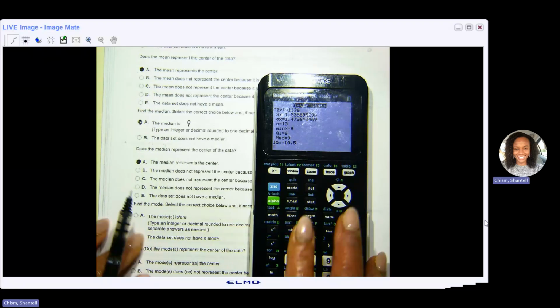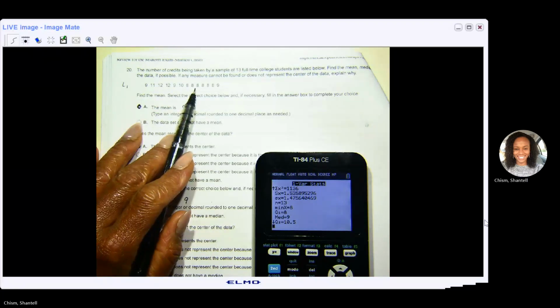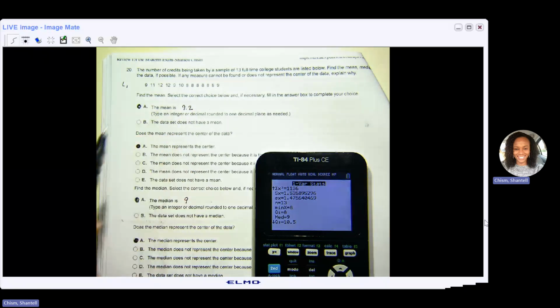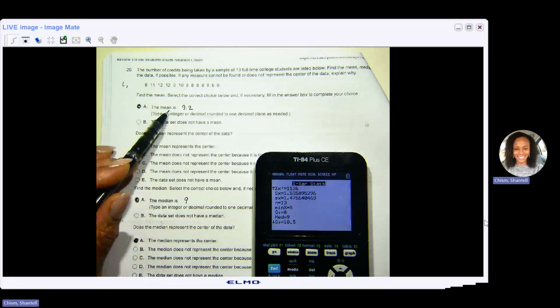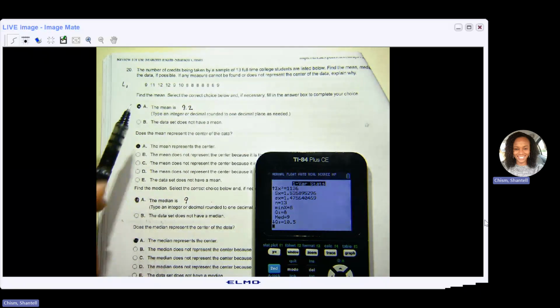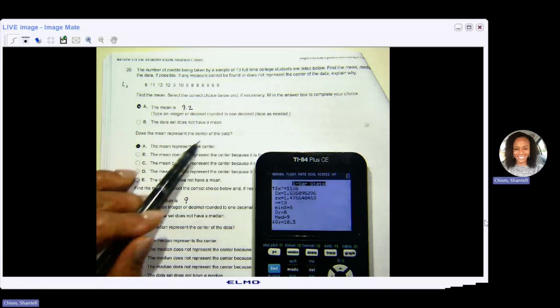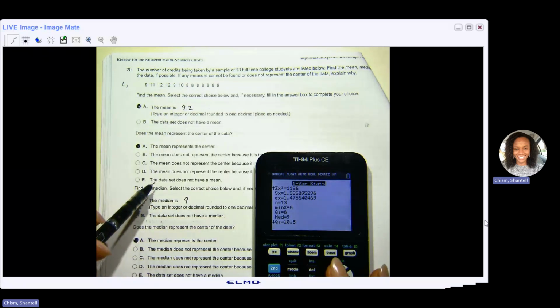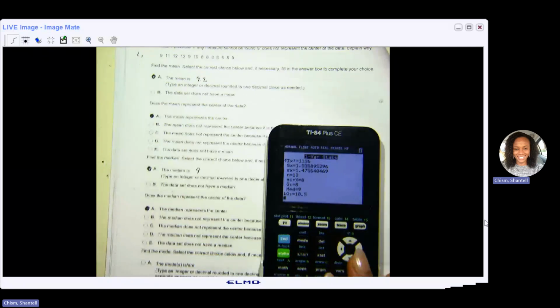Okay. Now, as far as mode, we have to look at the data value that is the most repeated. And if it is too far removed, if it's too low or too high, too far away from the mean and the median, then we say it's not a measure of center. Okay.